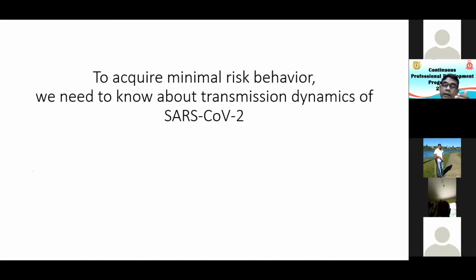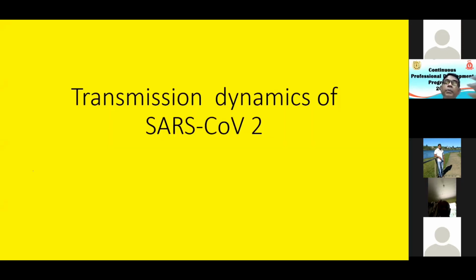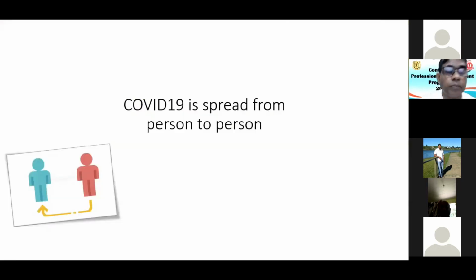And acquiring safe behaviors or low risk behaviors by everybody will delay the transmission of SARS-CoV-2. When discussing transmission dynamics, you should know the ways of transmission of the disease, and the source and the mode of transmission.